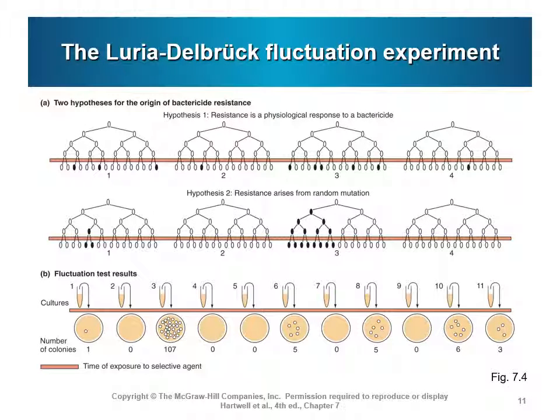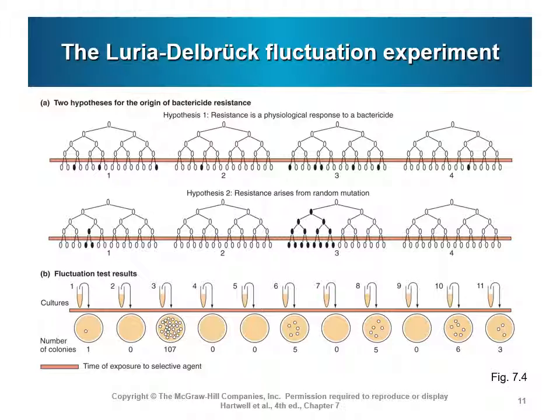For the experiment, Luria and Delbruck had two hypotheses. One is that resistance is a physiological response to a bactericide, and the second is that resistance arises from a random mutation.